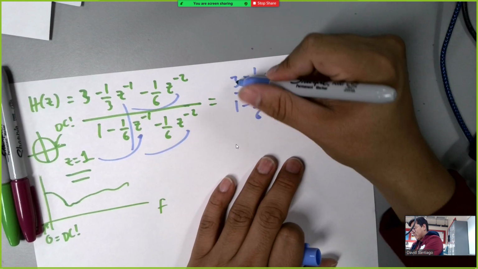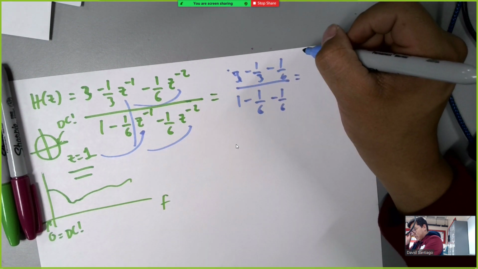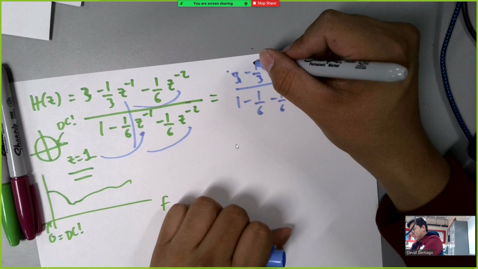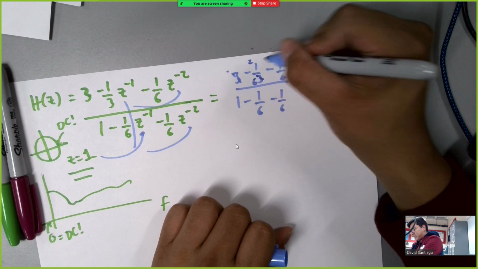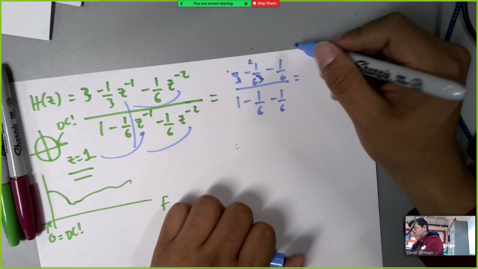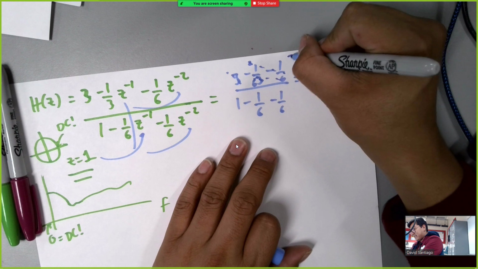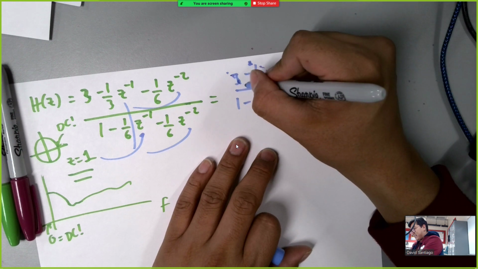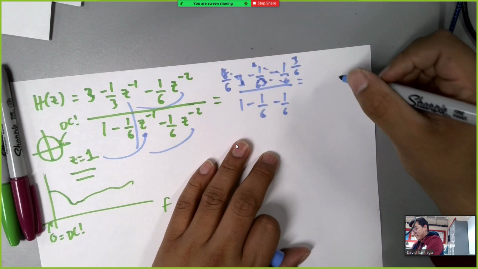It's going to give us the following. This right here is 6, and that's a 2. That gives us 3 over 3. No, 3 over 6. That means this right here is going to be 18 over 6. Is that correct?